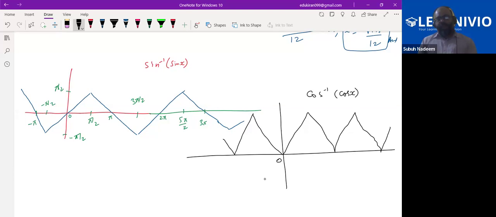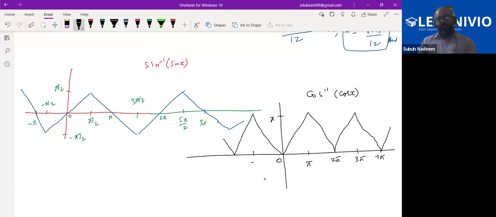Like this. And the values here are pi by 2. This is pi. And this is also pi. So cos inverse cos pi is pi. Then this is 2 pi. This is 3 pi. This is 4 pi, and so on.